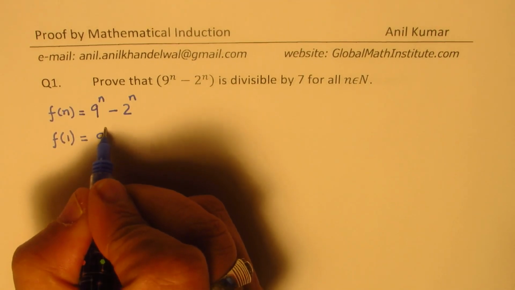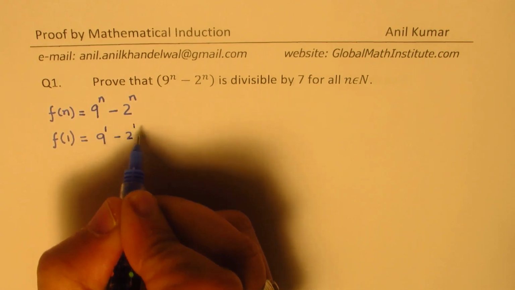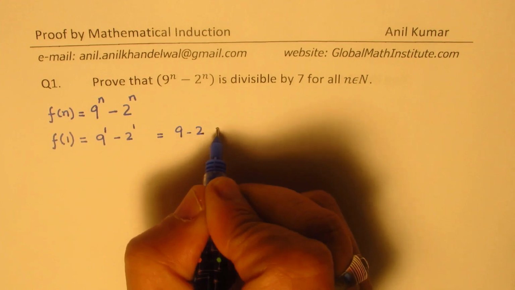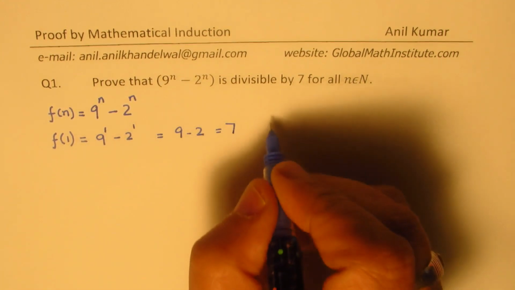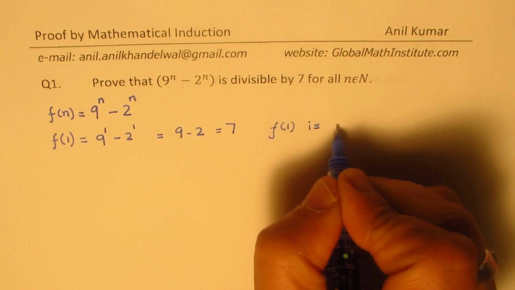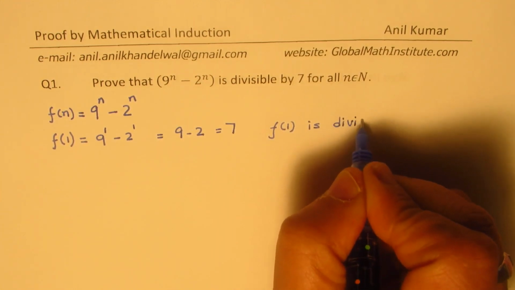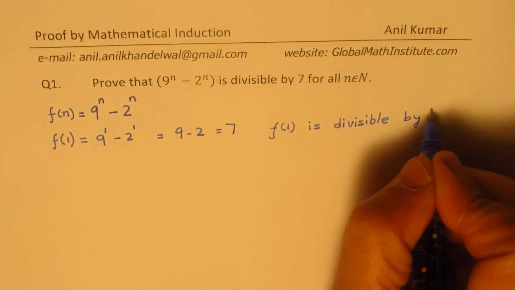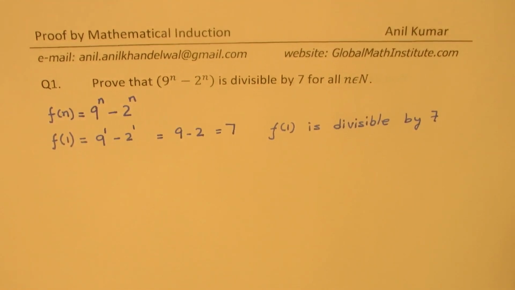Substituting 1, we get 9 to the power of 1 minus 2 to the power of 1, which is 9 minus 2, which is 7. And so we say that f of 1 is divisible by 7. Right? So that is the first step.